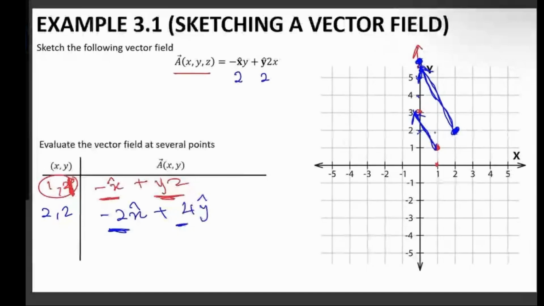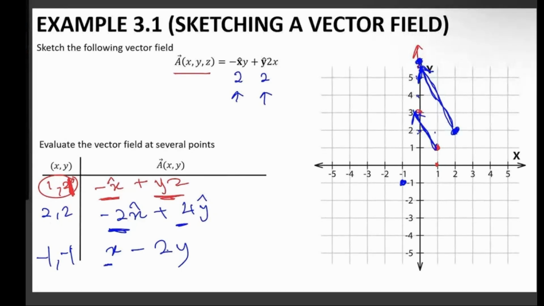Next example, if we put minus 1 and minus 1, just substitute minus 1 here and minus 1 here. It will become x minus 2y. So at the point minus 1, minus 1, the vector field will be plus 1 and minus 2.